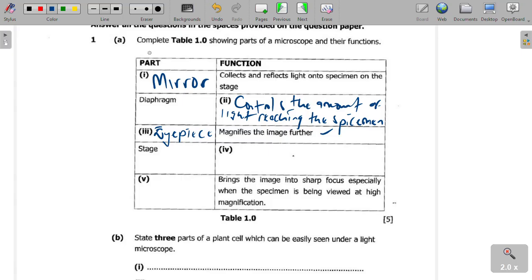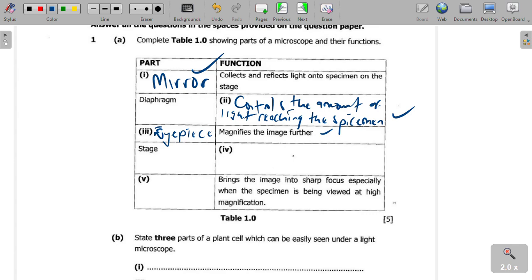So we have answered our first part, mirror. We have answered the diaphragm: it controls the amount of light reaching the specimen. And now we have answered the eyepiece, which magnifies the image further. Okay, what about the stage? What's the function of the stage?